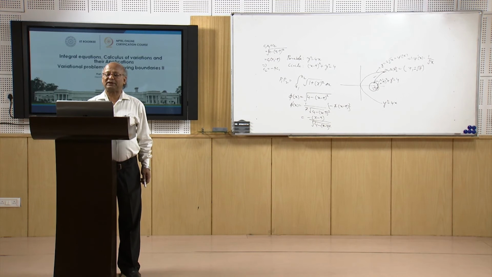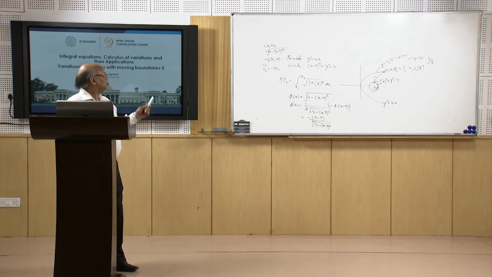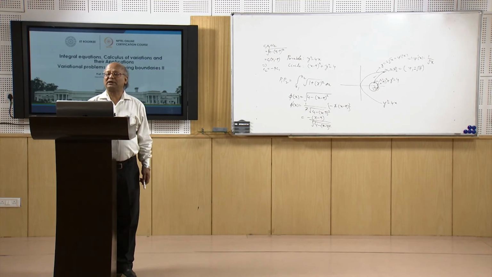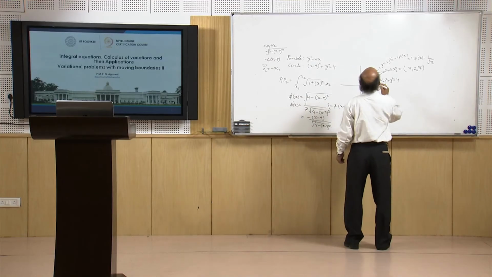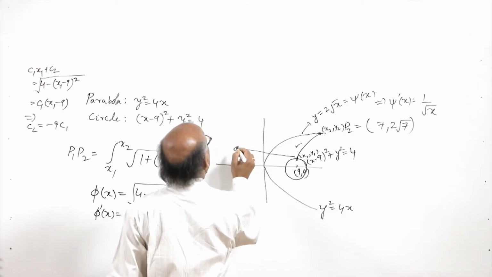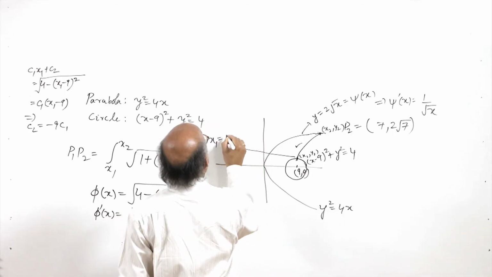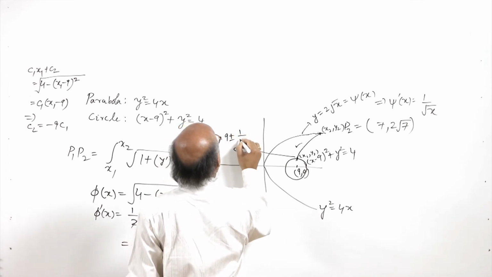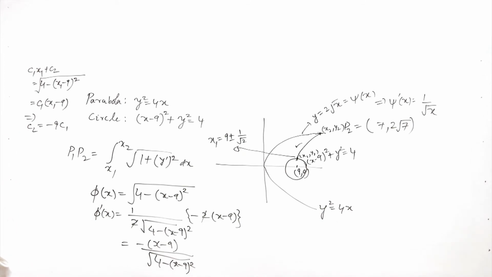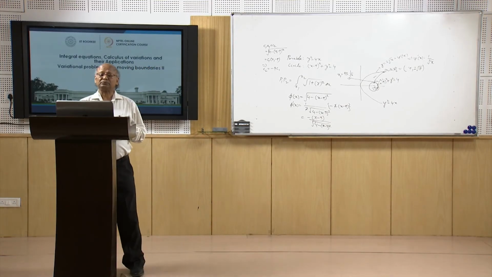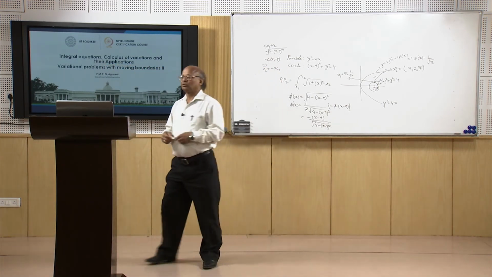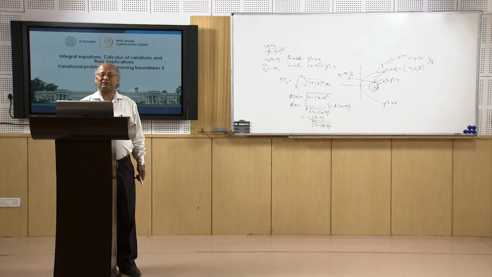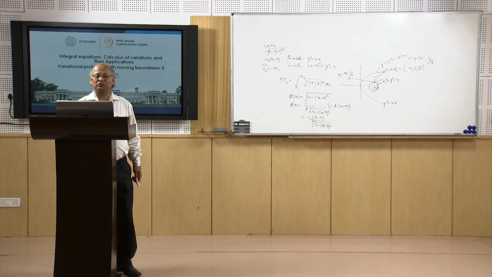So now let us simplify this equation: c1 times (x1 − 9) equal to 4 minus (x1 − 9)² to the power half. We get x1 equal to 9 plus minus 1/√2, and the corresponding value of y1 comes out to be plus minus √7/2.